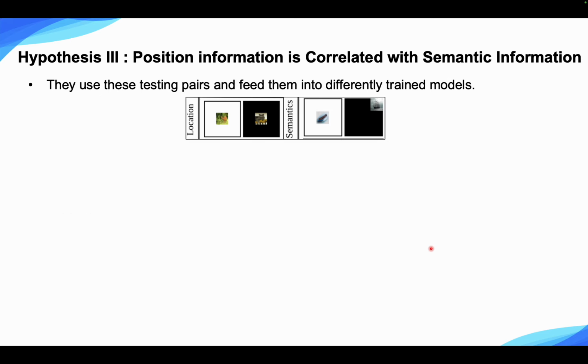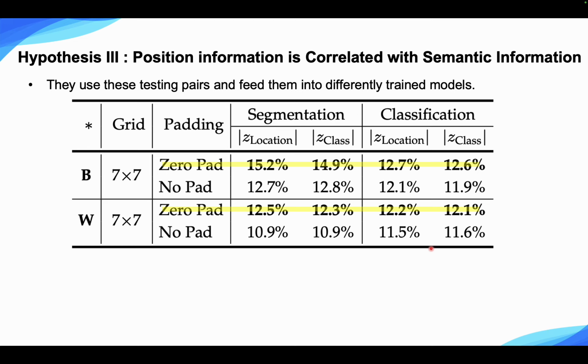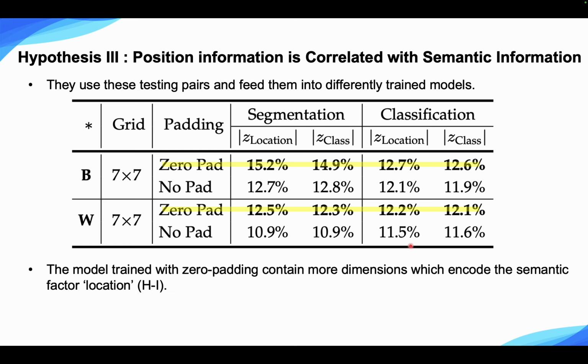So they use these testing pairs and feed them into differently trained models. And we can find that the model trained with zero padding contains more dimensions which encode the semantic factor location, compared to the no padding case.